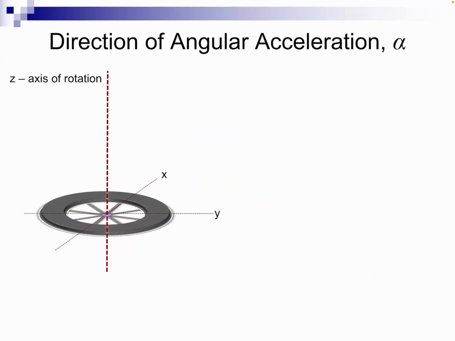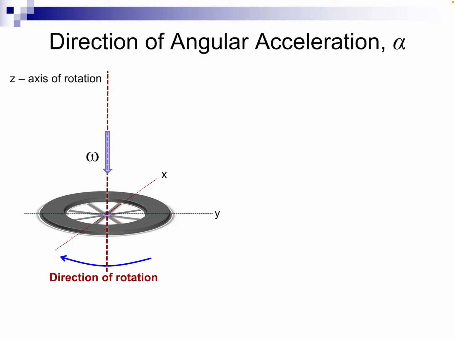In terms of direction, angular acceleration is also a vector quantity, just like linear acceleration. If the direction of rotation is anti-clockwise, what's the direction of the angular velocity? Do you remember? Curl your fingers in the direction of the rotation, and so your angular velocity will be pointing upwards.